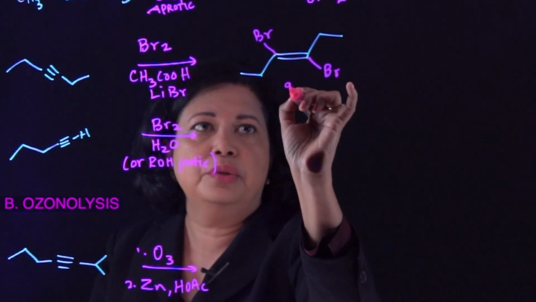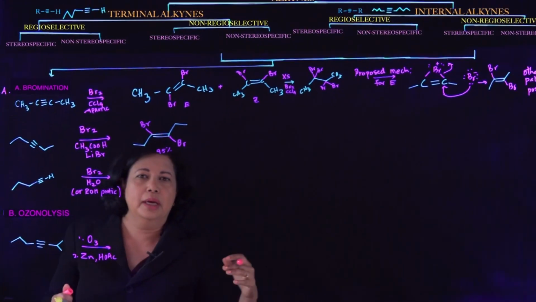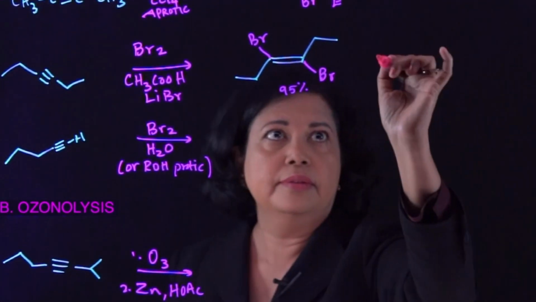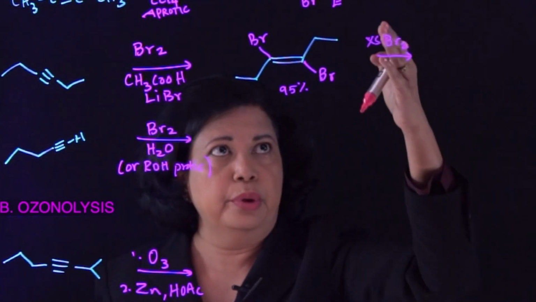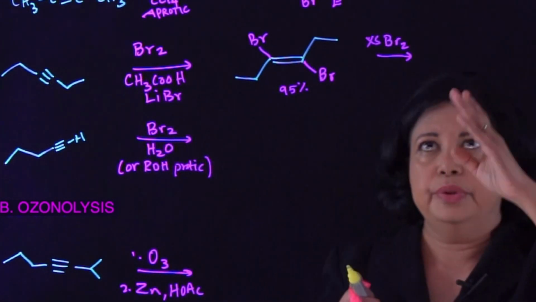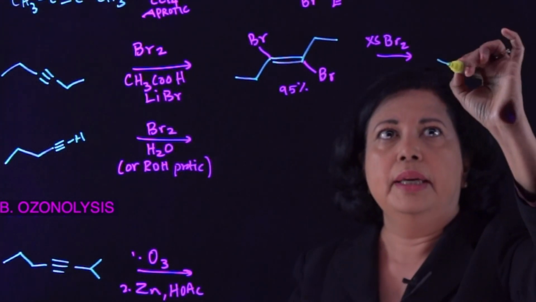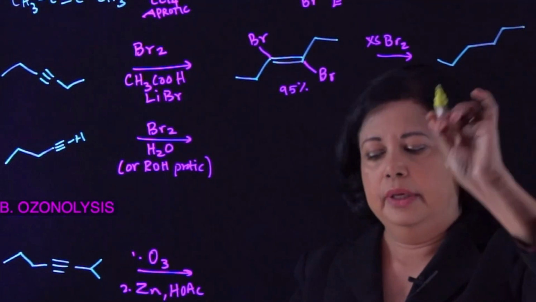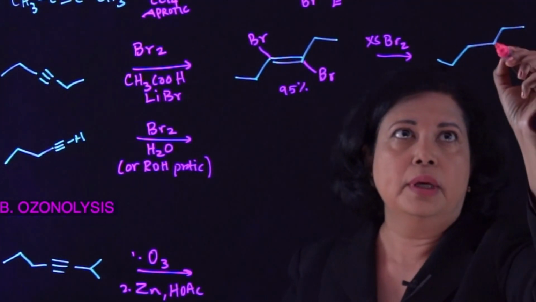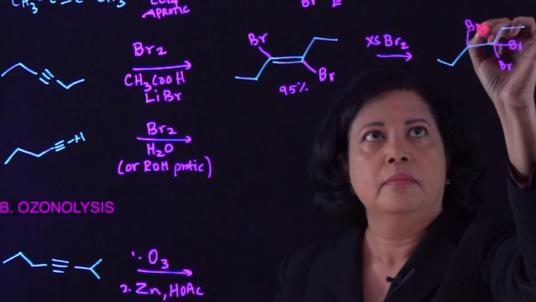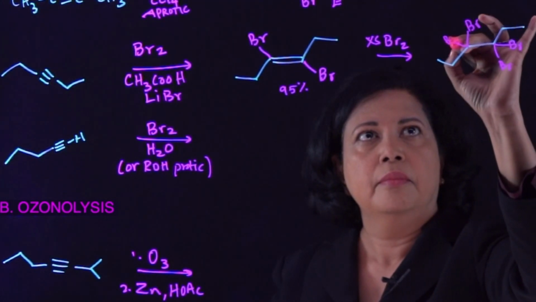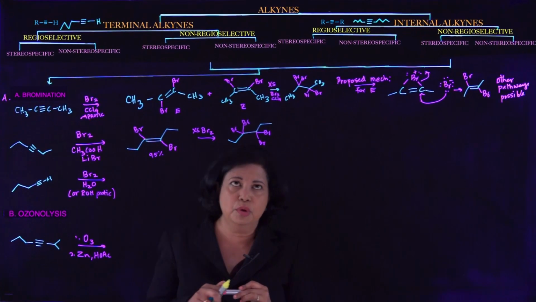So it just goes to prove that there's so much more to actually learn about. And you can isolate this, and you can add chlorine if you want, or iodine. But if you, let's say, add bromine here, excess, you are going to get your tetrabromo here as well. All right, so tetrabromo is our end product.